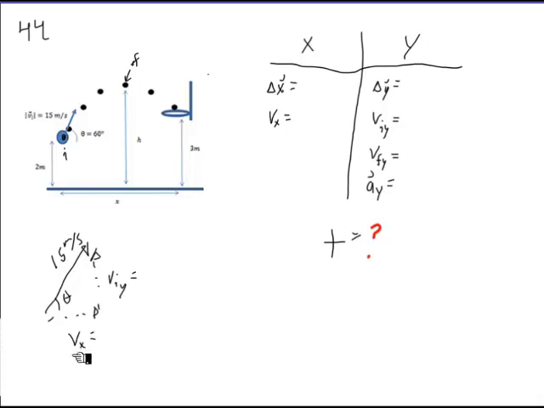And how would you do this? You do 15 cosine of 60. So I believe this would be 7.5 meters per second. Not as sure about this because you have to multiply by some weird square root. So times cosine 60. Nope, backwards. Shame on me, not remembering my basic trig. So 7.5 meters per second, 15 times sine 60. And this is the 12.9.